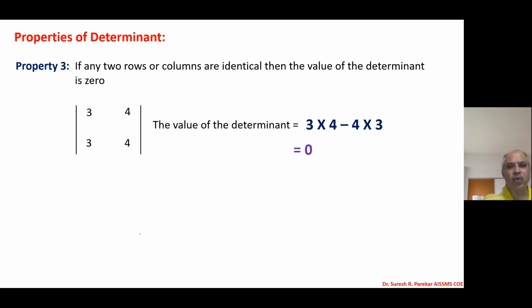Similarly for two identical columns, if I write 4, 3 and then 4, 3, we have 0 again. If we go 6, 7 and then 6, 7, then also we have 0. So if there are identical columns, then the value is 0.